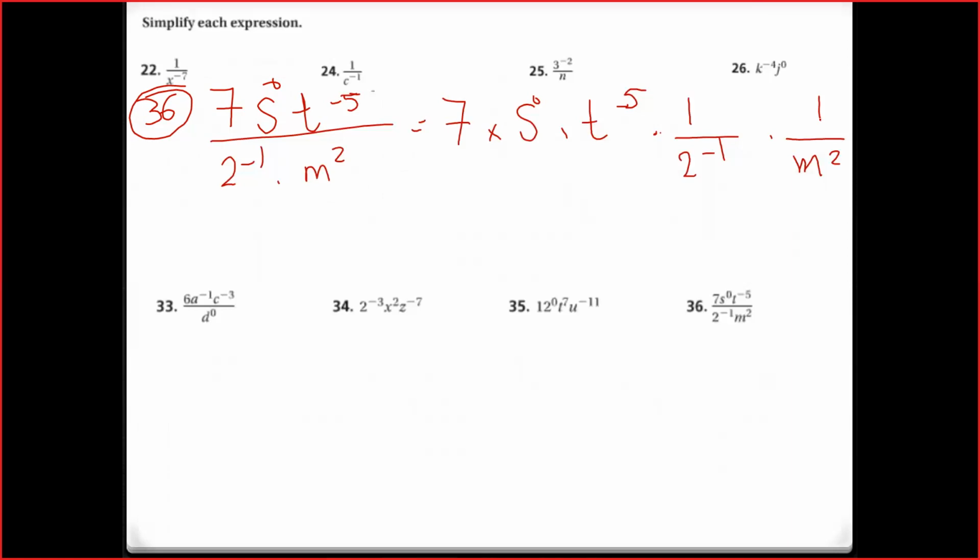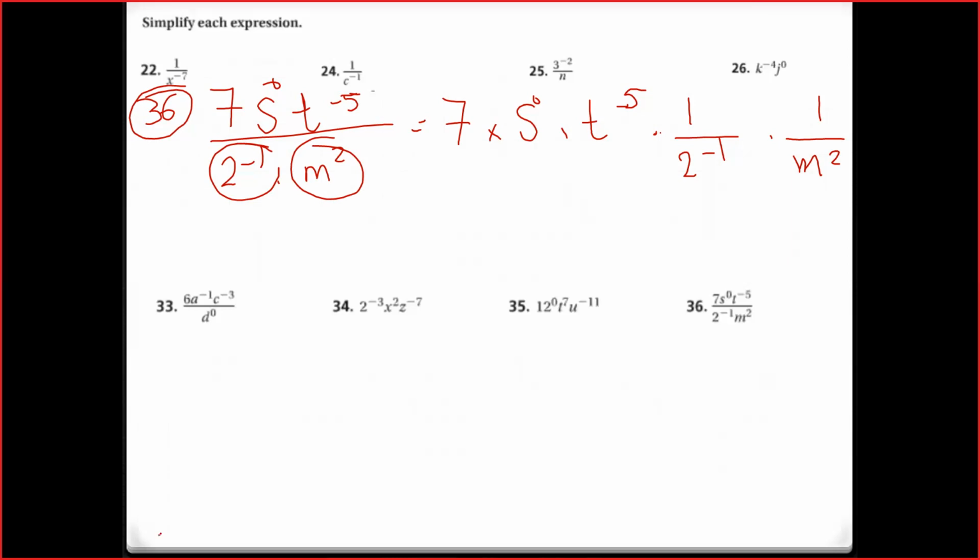Okay? So the first step, you have to expand it. Why did I put 1 for this one and this one? Because it is a denominator I must keep it as a denominator, so I write 1 in the numerator.